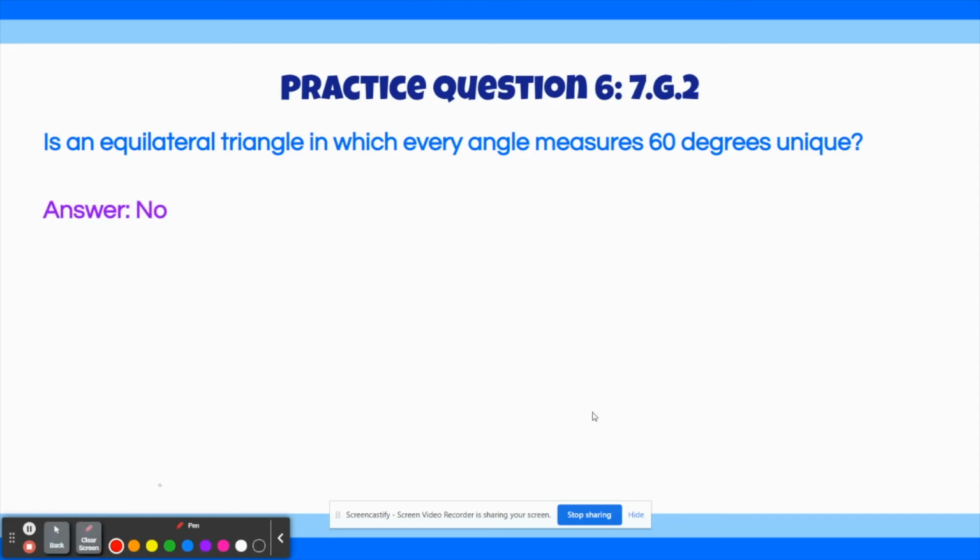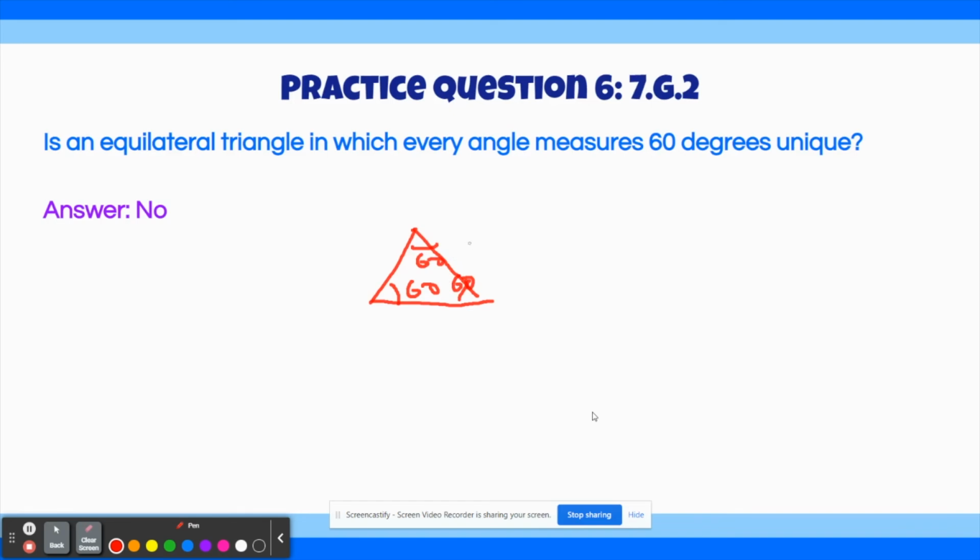So a unique triangle means this is the only triangle that can be produced with these angles and these dimensions. And so with the triangle that has each degree measure of 60, the angle measures would obviously stay the same, but the dimensions can be changed.